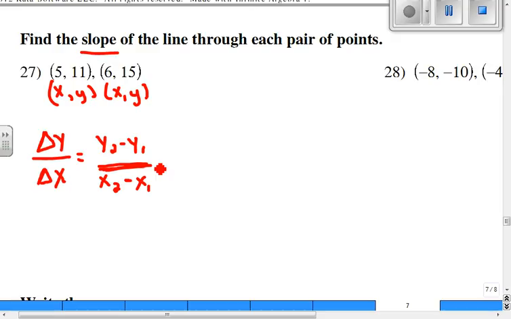Well, we've got to define ones and twos. We get to pick. Doesn't matter which point is which. I'll make this 1. So that means this is the second point.